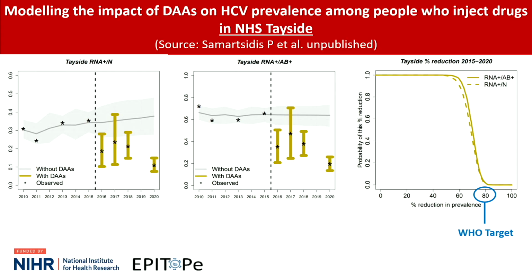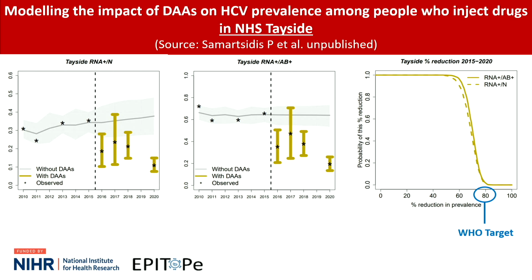And here are some data showing the impact of that scale-up of treatment amongst a Nessie population. I've just focused in on Tayside here, and these are data that were actually presented last year from our NIHR EPITOPE study.